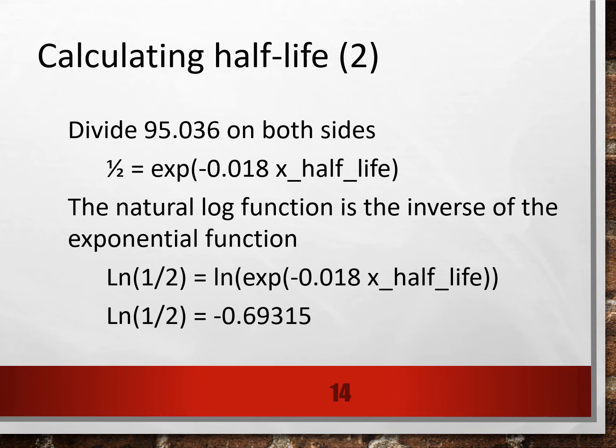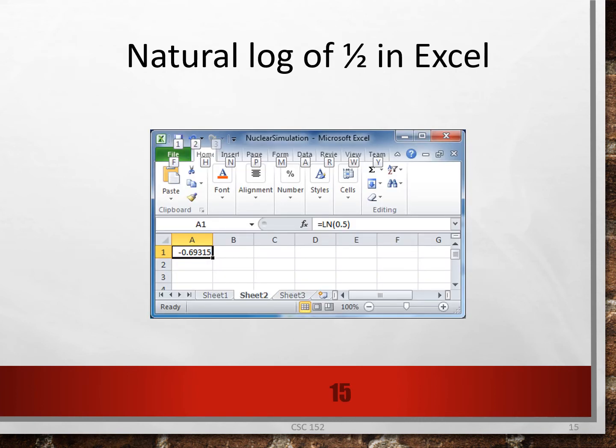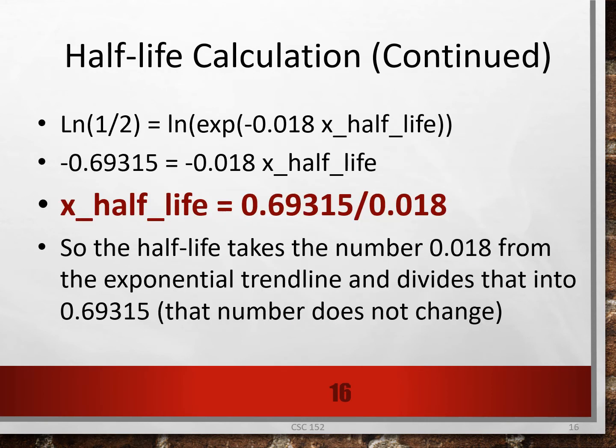And log of 1/2 is just a number, and it happens to be minus 0.69315. So here I'm just showing you how I got that number, minus 0.69315, using Excel. So I just entered the formula equal natural log of 0.5. Okay, so again, we had that the natural log of 1/2 was the natural log of the exponential of minus 0.18 x half-life.